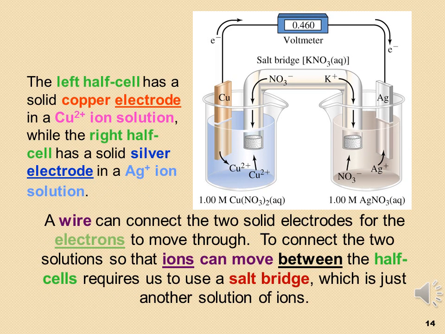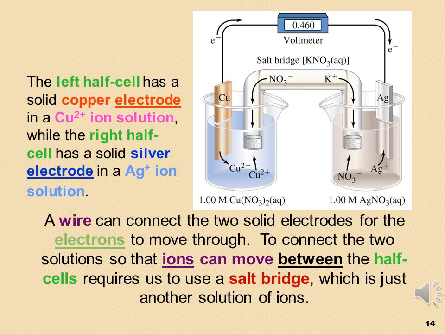The left half cell has a solid copper electrode in copper ion solution, while the right half cell has a solid silver electrode in silver ion solution. So we have two half cells, one for copper and one for silver. A wire can connect the two solid electrodes for the electrons to move through.